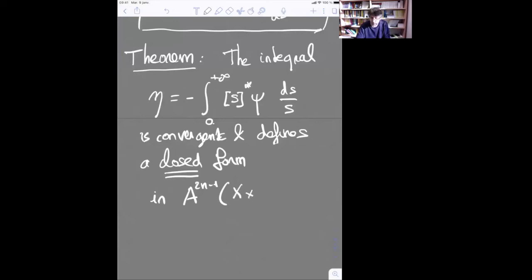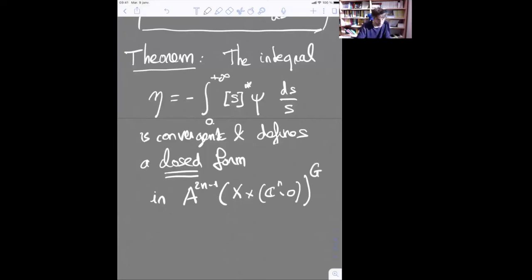So it means that it descends on X, which is not a surprise, because if you multiply your form in the fiber by a scalar, then it goes into the integral, and if you replace s by ts, then the change of variable tells you that you get the same expression. So it descends on X cross C^n minus 0. So you erase 0 typically because you want your form to be rapidly decreasing at infinity, and it's G invariant.